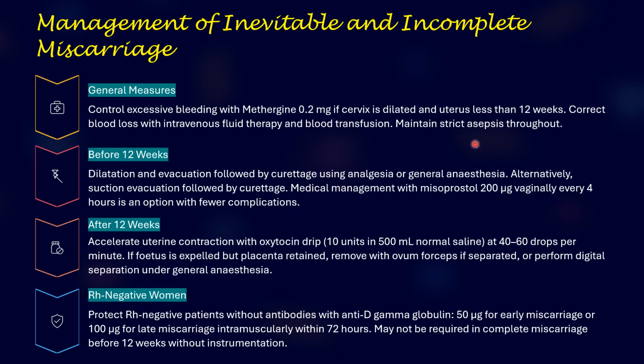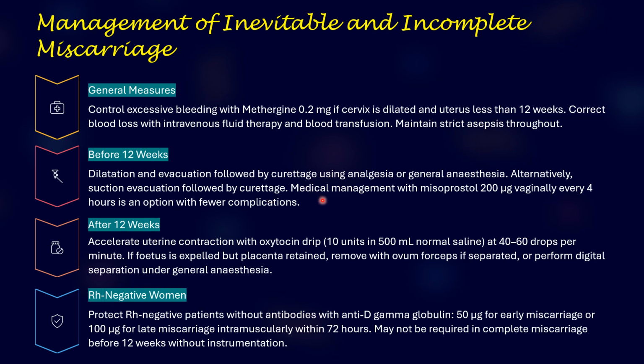Maintain strict asepsis throughout. If the pregnancy is before 12 weeks, then dilatation and evacuation followed by curettage using analgesic or general anesthesia. Alternatively, suction and evacuation followed by curettage can also be done.